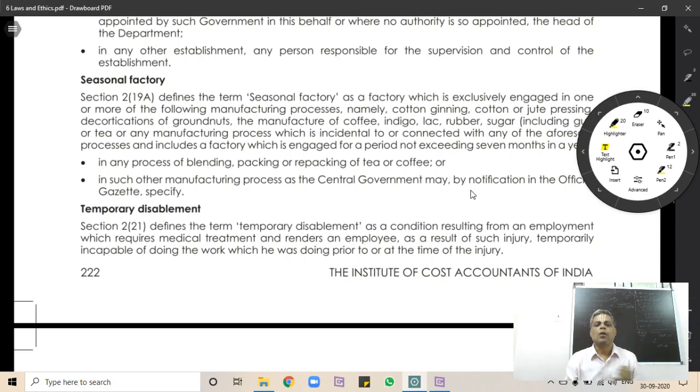That includes the process of blending, packing and repacking of tea or coffee. All these things are called a seasonal factory as per section 2 subsection 19A.